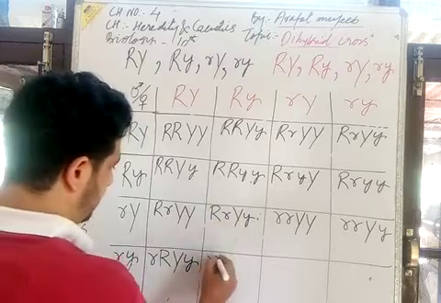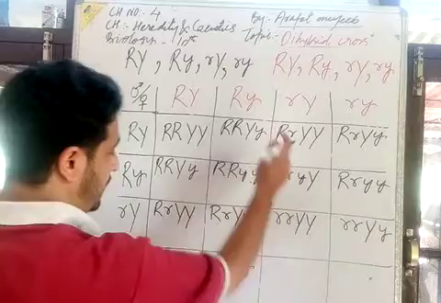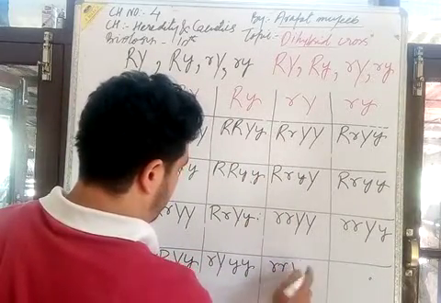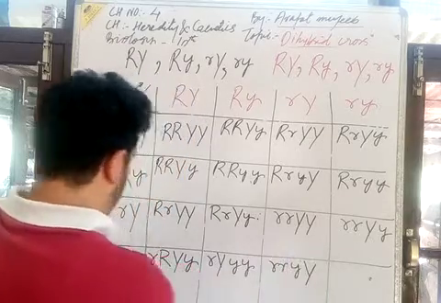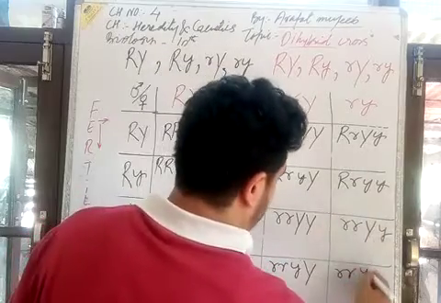Now this, स्मॉल आर, कैपिटल आर, स्मॉल वाई, यहाँ पे स्मॉल आर. ध्यान में रखना है आपको, कैपिटल या स्मॉल वाई, यहाँ पे आर, स्मॉल आर, here small y.